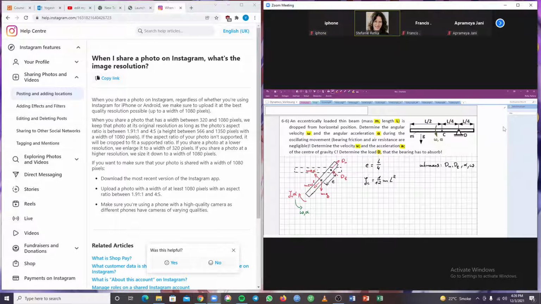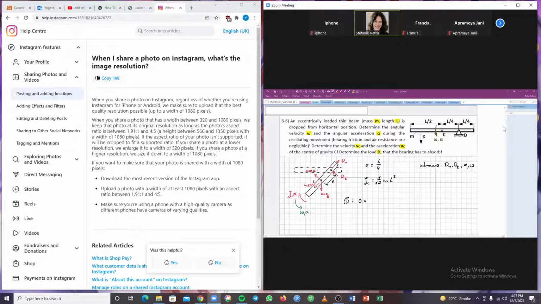So let's start with the first equilibrium condition. And I would recommend to build the equilibrium equation of moments with respect to the support. Of course, when we do that, there will be only one unknown in the equation.